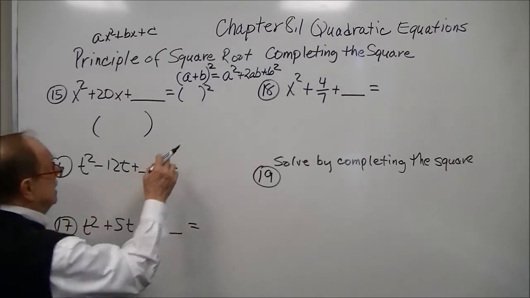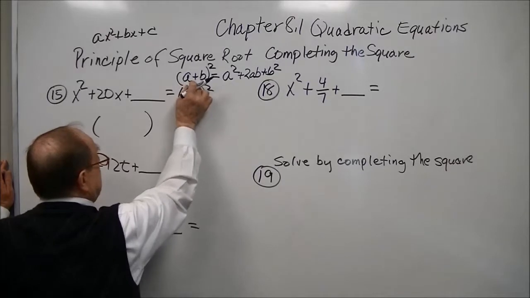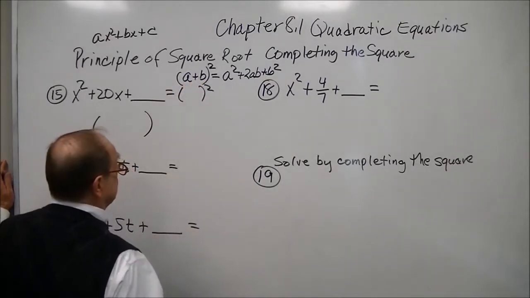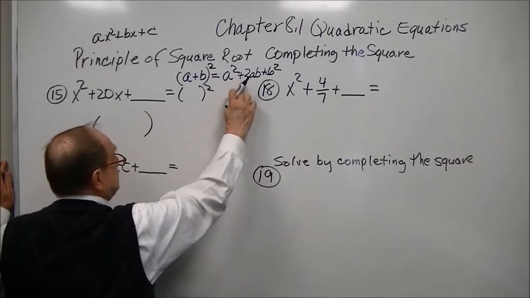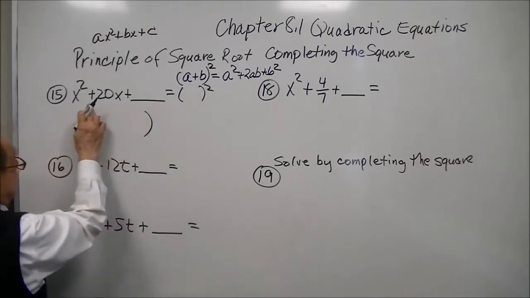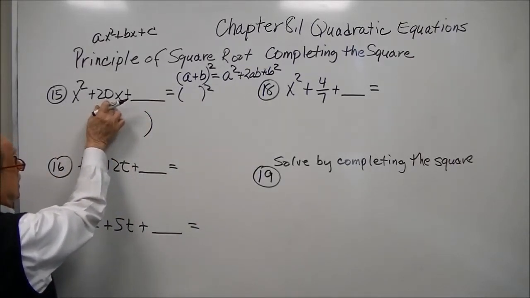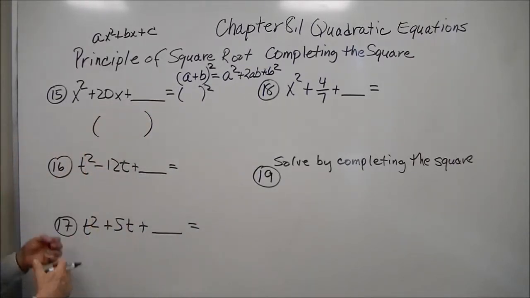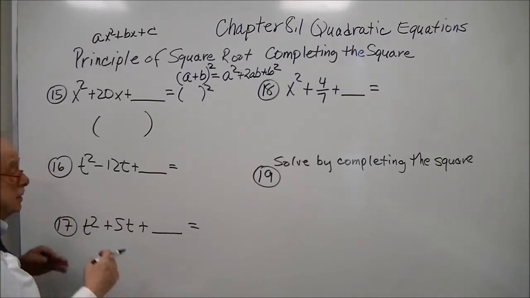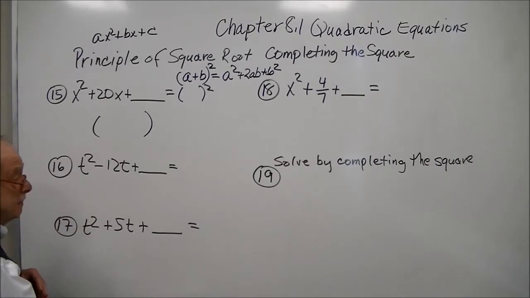Well, once again, to get our middle term, we multiplied these together and then doubled it. So this is 2 times something. This is 2 times something. So how do we get the opposite of 2 times? 2 multiplied.